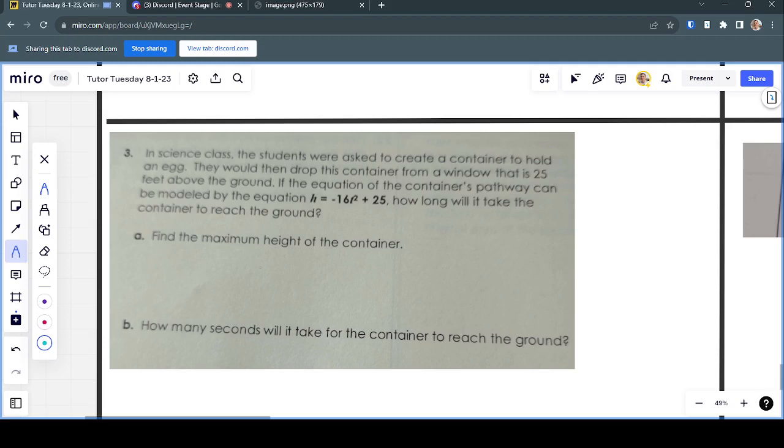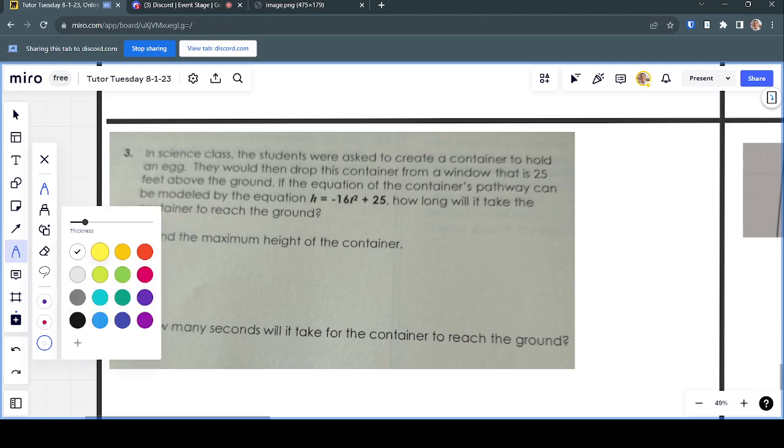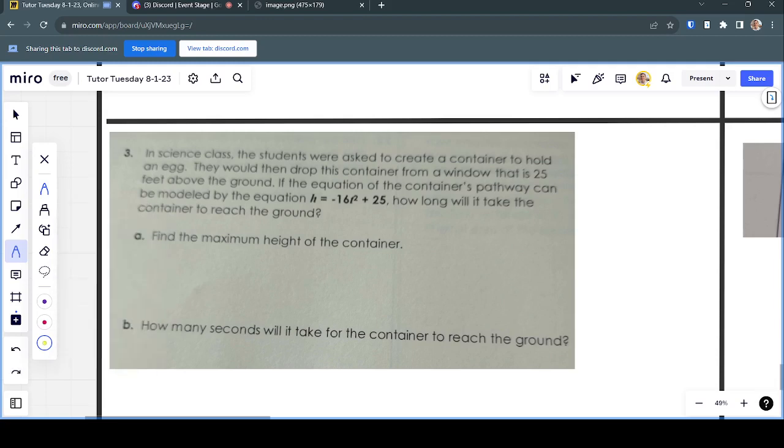For the maximum height, for a quadratic that's facing downwards, I would just find the vertex. And the vertex is at x equals negative b over 2a.